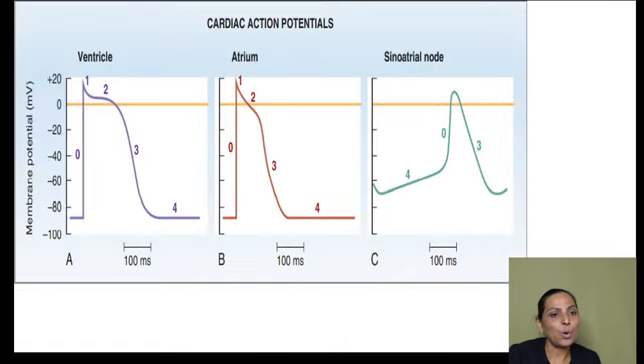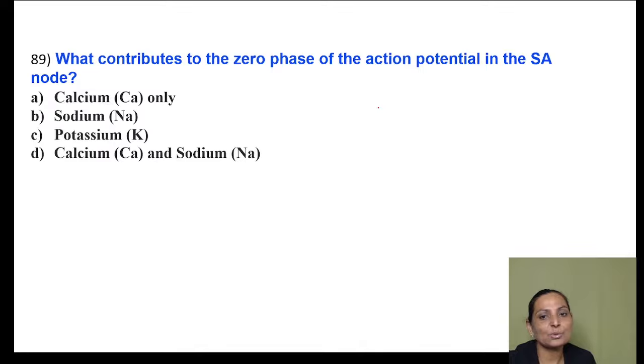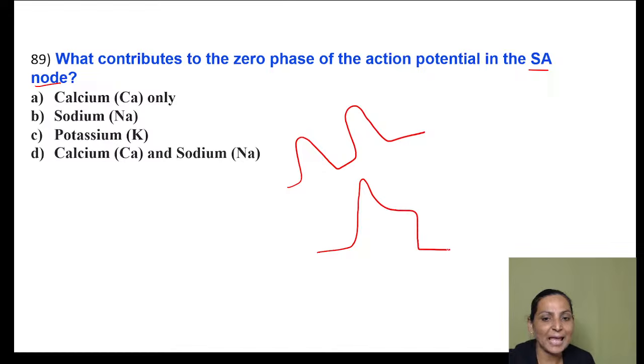Now, what contributes to zero phase of action potential in the SA node? In the SA node and in the cardiac ventricle action potential, what is the difference? See, this is 0, that is depolarization, phase 1, that is initial rapid repolarization, phase 2, that is plateau, phase 3, that is final repolarization, and RMP.